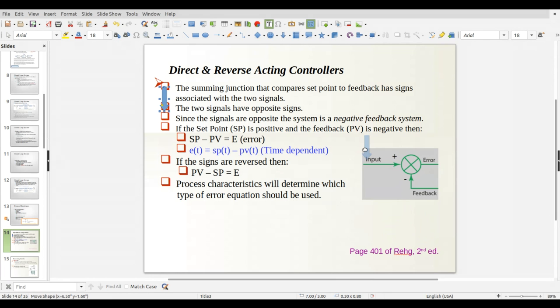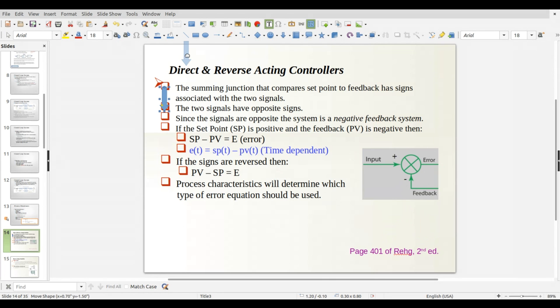It just says input in this case, but this is our set point value. And here's our feedback, and now I do have the plus sign and negative sign. Our input is a positive value and our feedback is negative, which, as I stated before, gives us our negative feedback to generate the error.